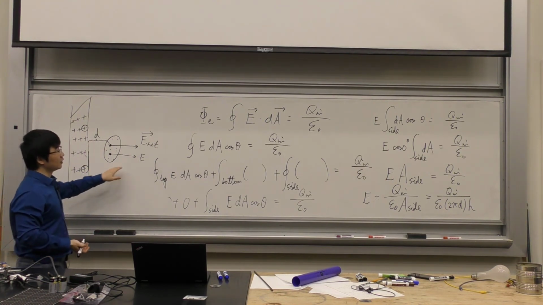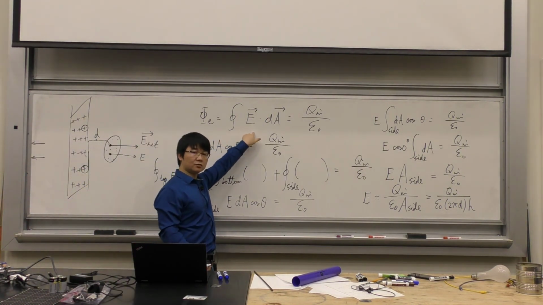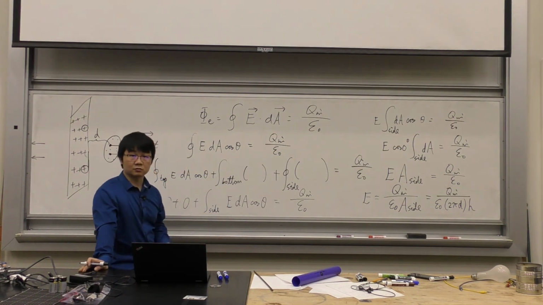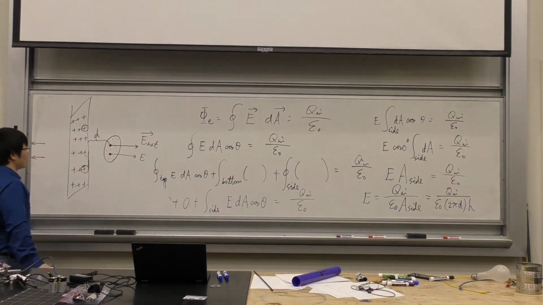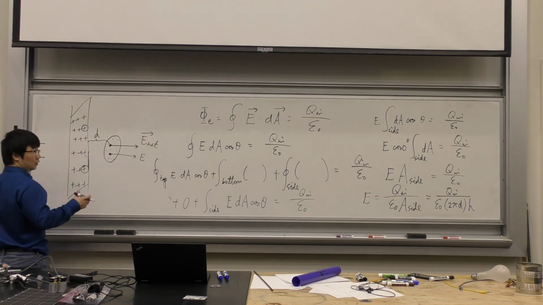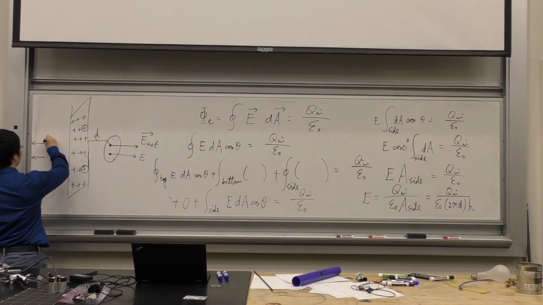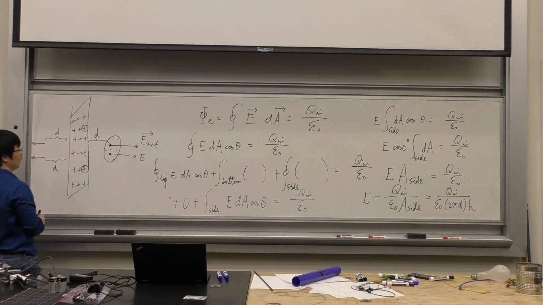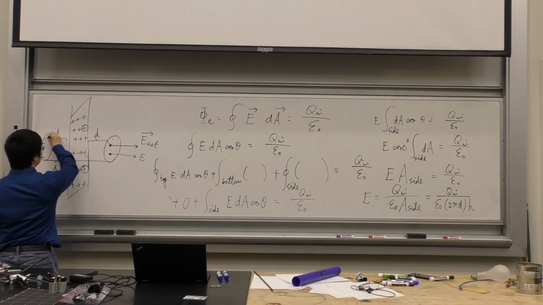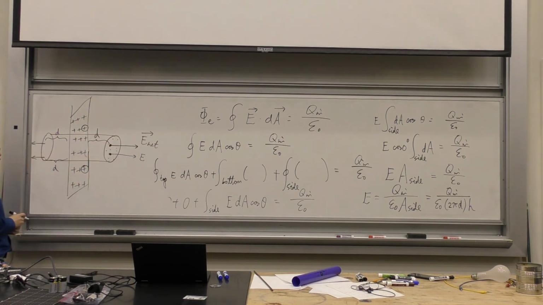But this is not enough. If I want to use Gauss's law, I have to make sure that I pick a closed surface. This is an open surface. So how do I draw a closed surface? Again, let's make a cylinder. I'm going to pick all these points on the other side, which also have a distance d from the disk, and also draw a circle here, and then make a cylinder out of these two circles.